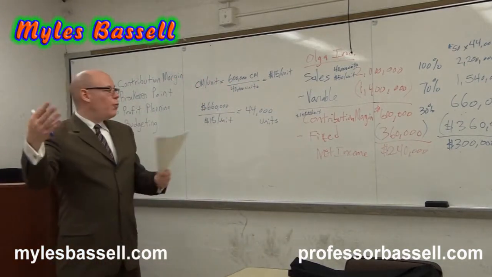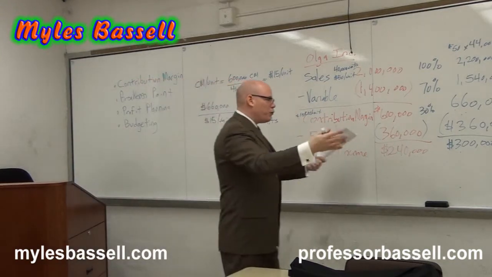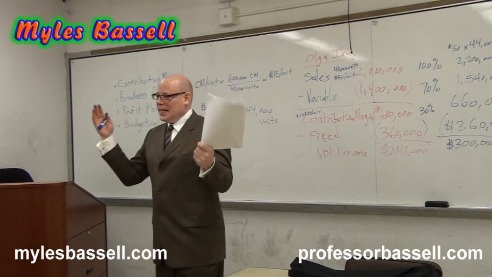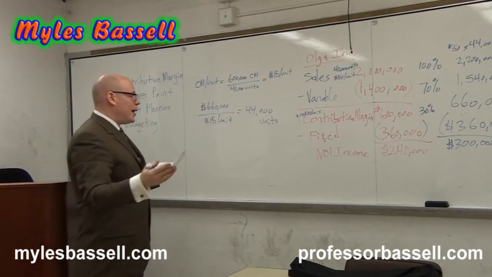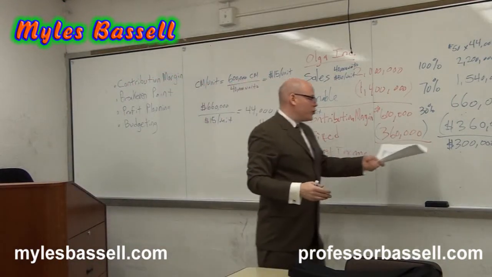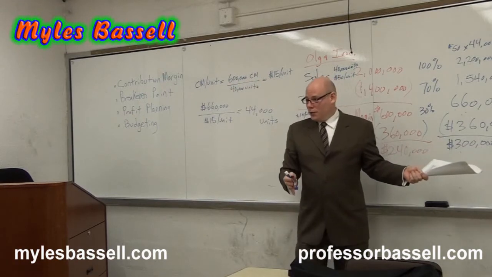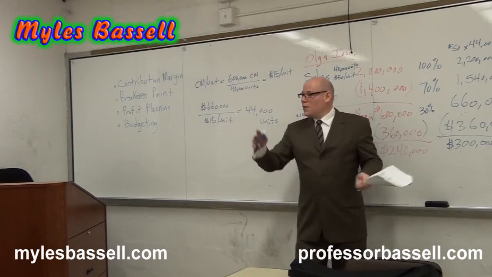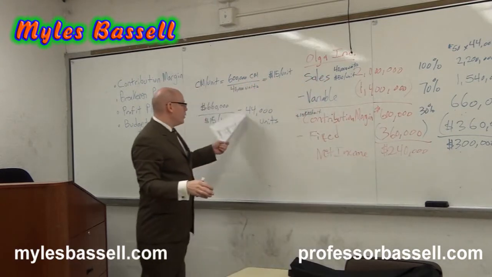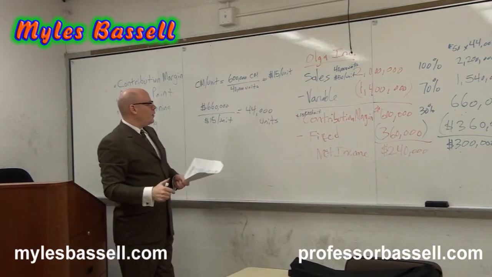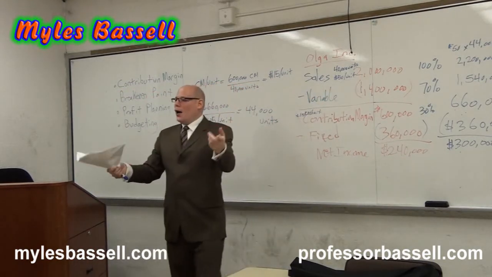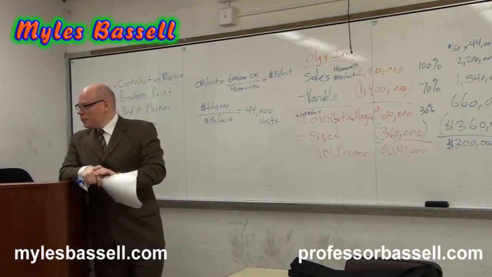So do you see why we would want to do that? As a managerial accountant or as an executive, why do you want to go through this analysis and say, well, what if it was 300,000? Or what if it was 400,000? Because then the next question is, if it's 44,000 units that we need to sell at $50, how are we going to achieve that?